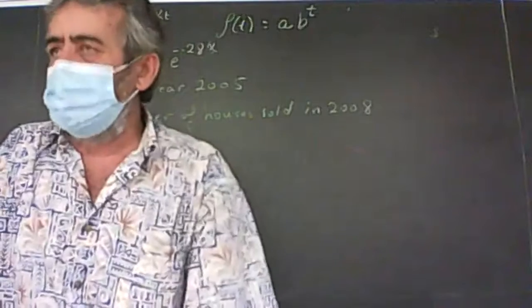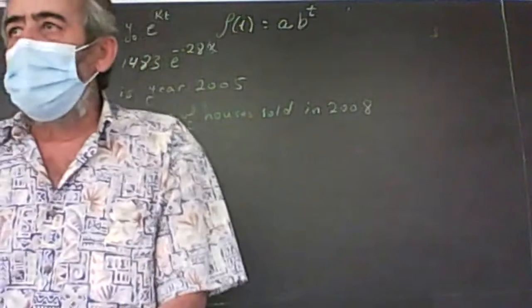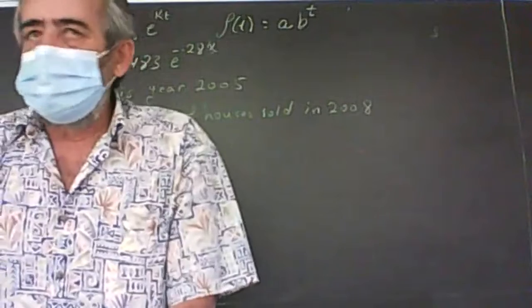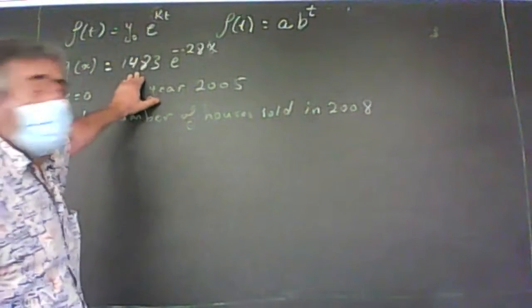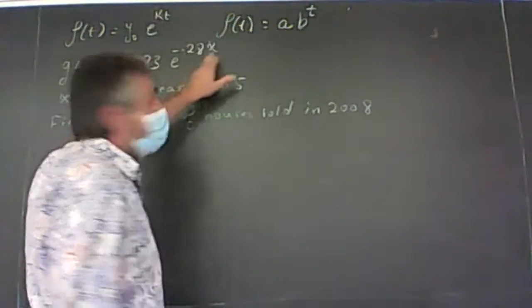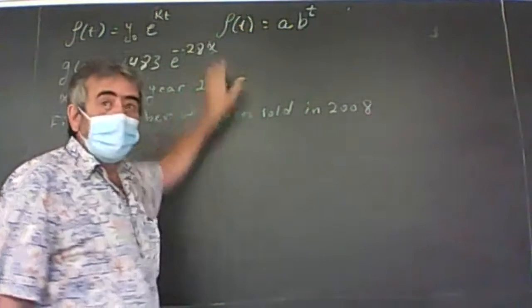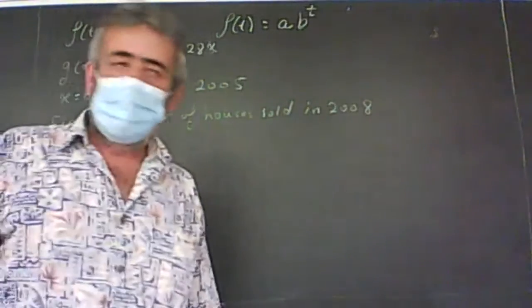We are given an equation. First, let's see, is the equation complete? Do I have all the terms of the equation? I have the initial value, right? I have e to the, the only thing missing is what? X, where x represents the year, correct?